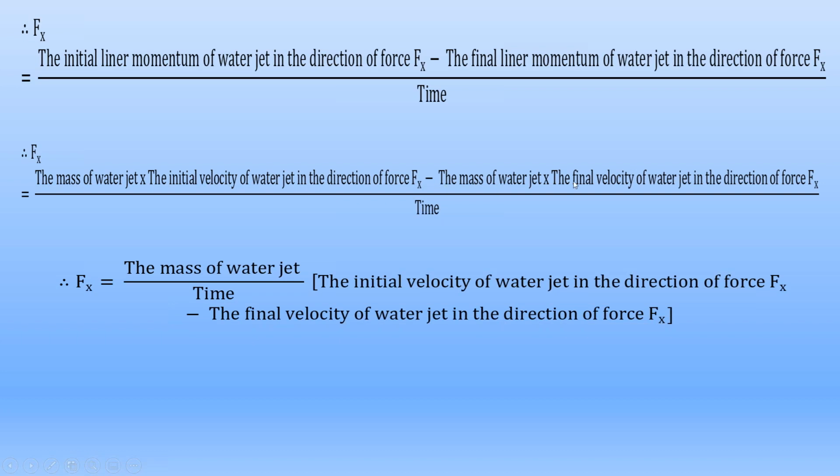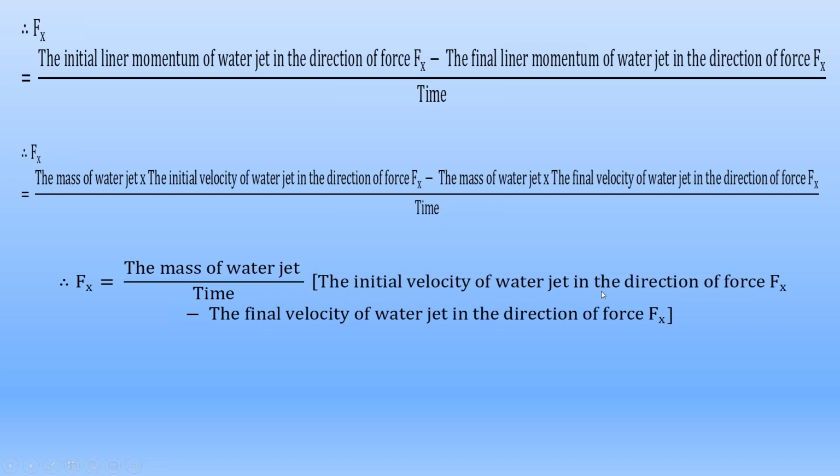So this right hand side becomes the mass of the water jet divided by time into the initial velocity of the water jet in the direction of force Fx minus the final velocity of the water jet in the direction of force Fx. Take this common, you will get this next equation. Check the terms in this equation.